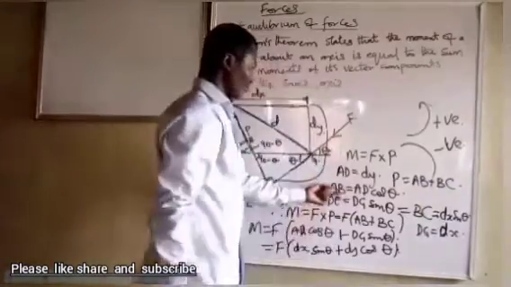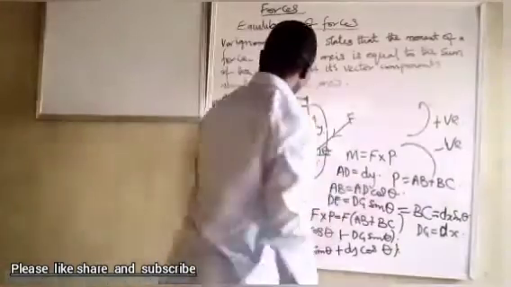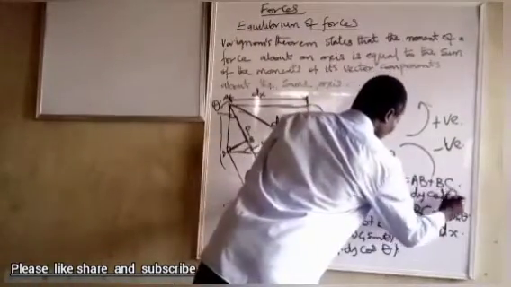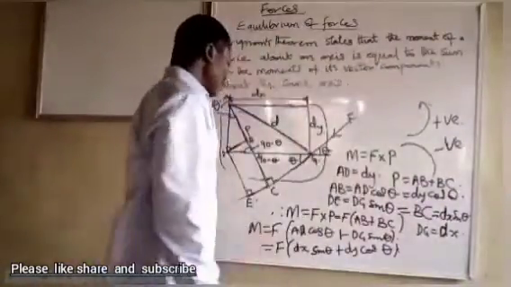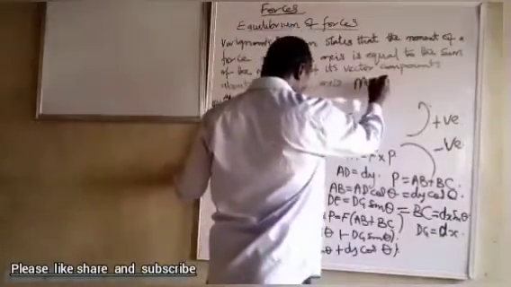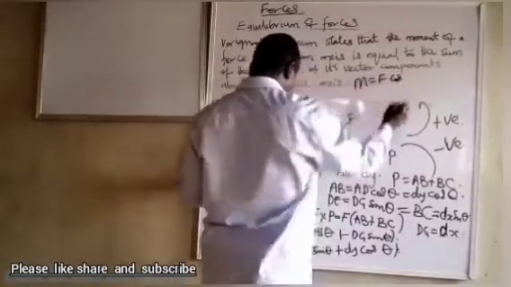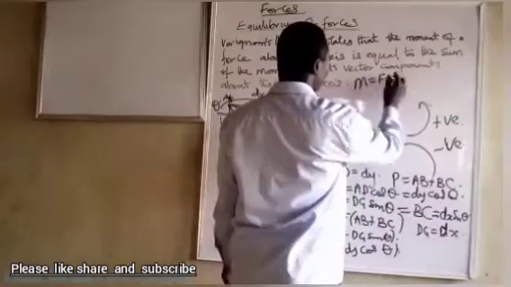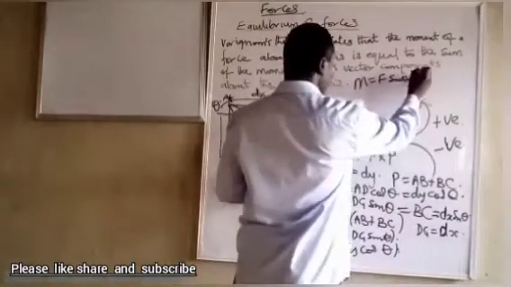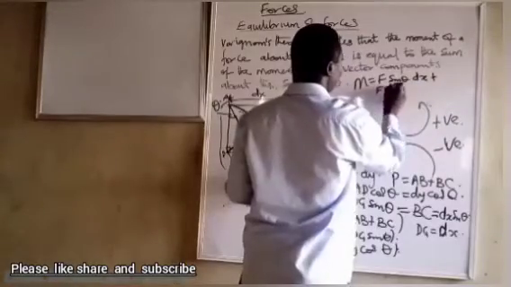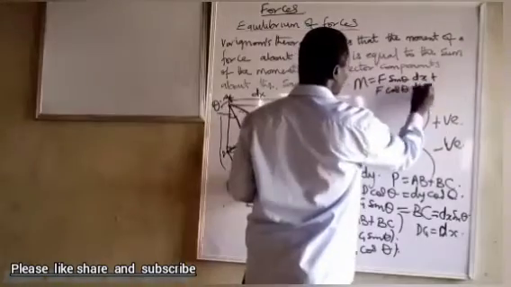You can see dy cos theta. So if I break this down, I'm going to have N equal to F sine theta into dx plus F cos theta into dy.